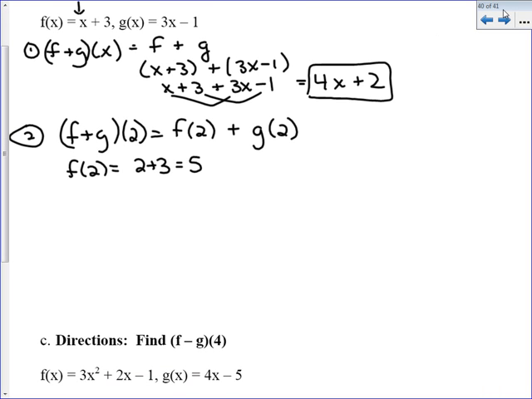And then I'm going to do the same thing with the other function, with the same value. I'm going to look at g of 2. So I'm going to substitute 2 in for my x. 3 times 2 minus 1. Order of operations, 6 minus 1. That also happens to be 5.